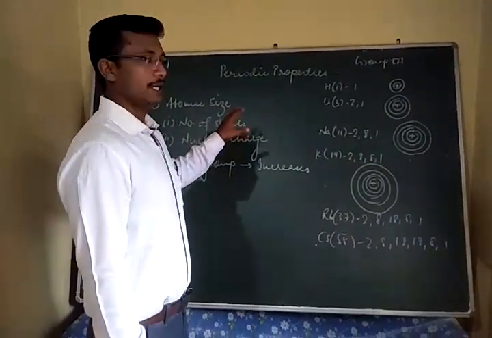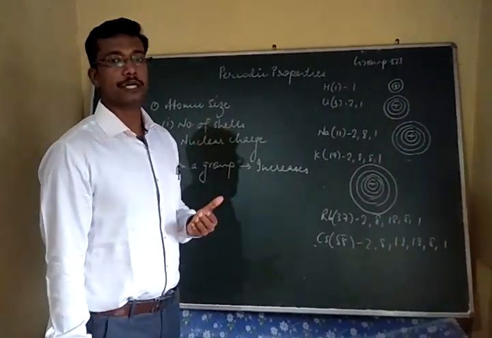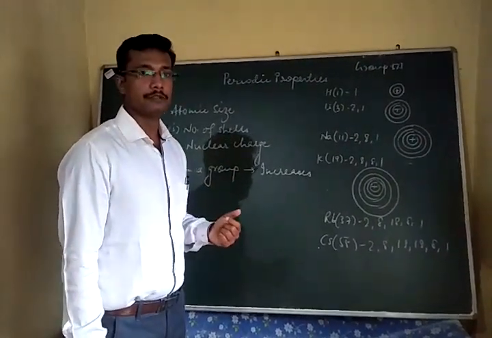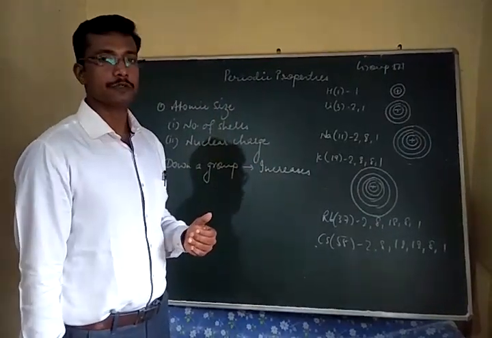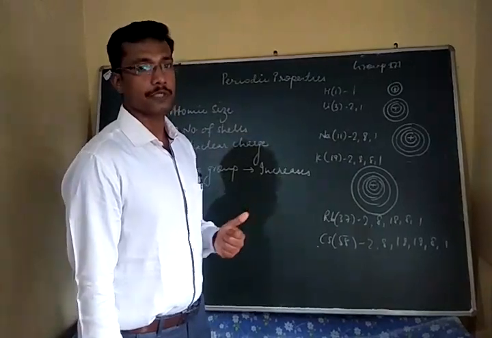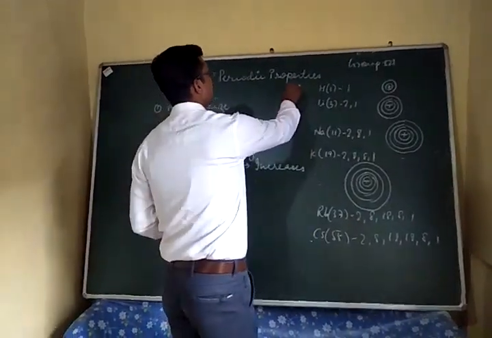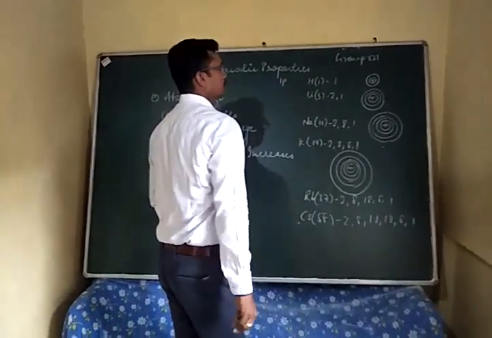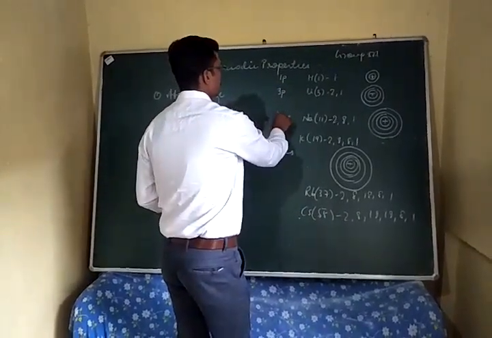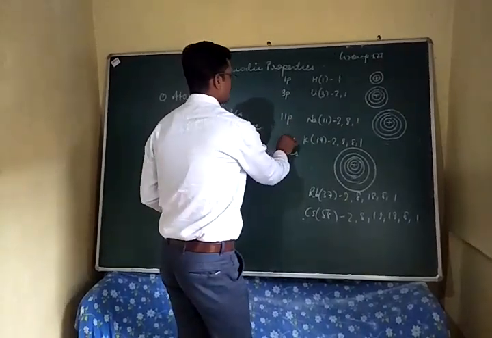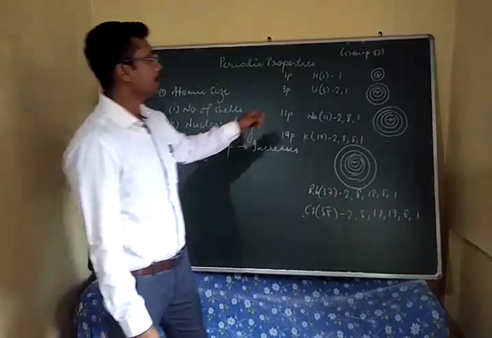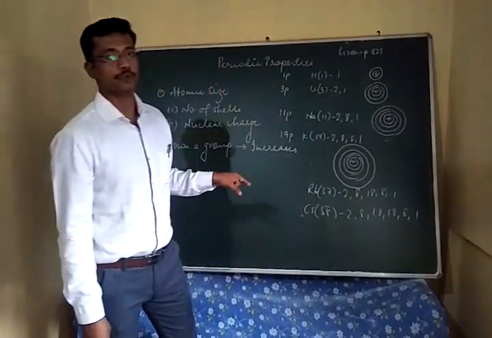Nuclear charge, as I said, is the positive charge in the nucleus due to the protons present in it. So when we compare the protons, we can make out what effect is going to be caused by this. The proton here is 1. For lithium the protons are 3, sodium total protons are 11, potassium we have 19 and so on, because atomic numbers are only the number of protons.